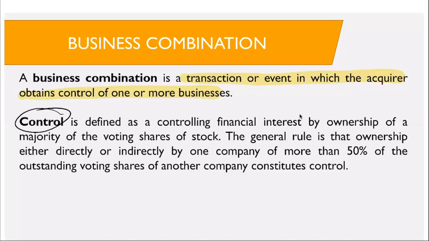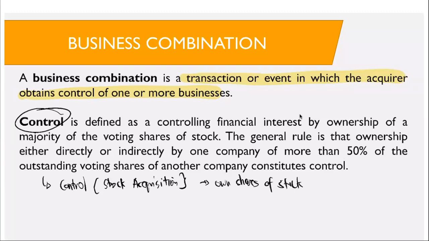This definition is one-sided because here we only look at the control pertaining to stock acquisition. Because of course, you can only measure control if you own shares of stock.